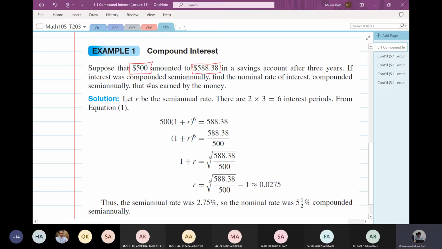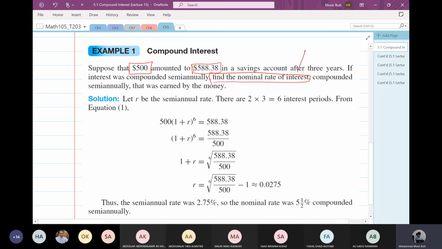If interest was computed semi-annually, it means that every 6 months the interest is computed. Find the nominal rate of interest. Now he asks us to find the nominal rate of interest, but he is talking about the interest computed after 6 months, compounded semi-annually, that was earned by the money.